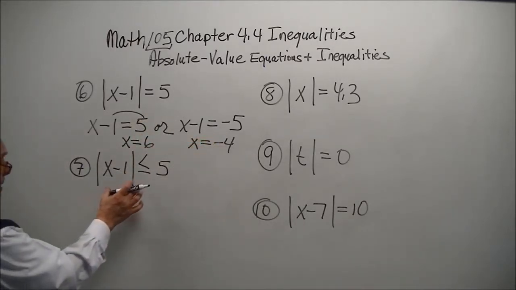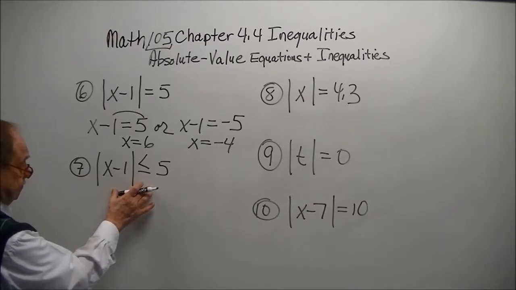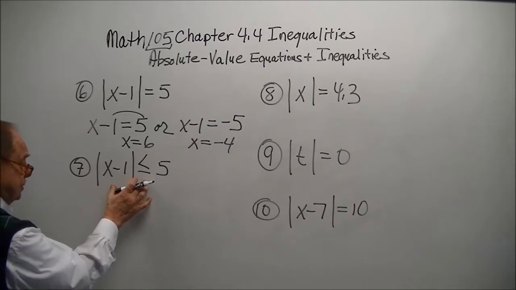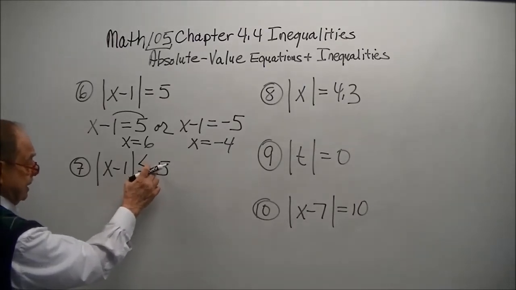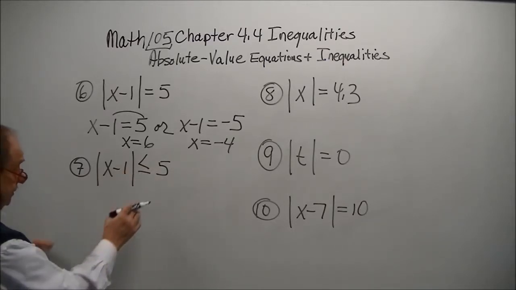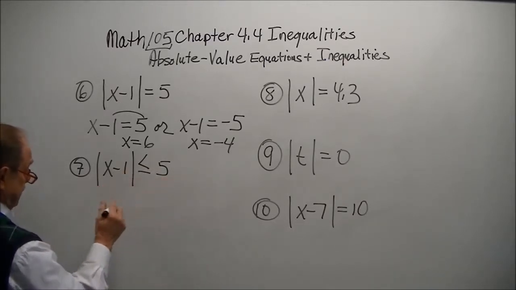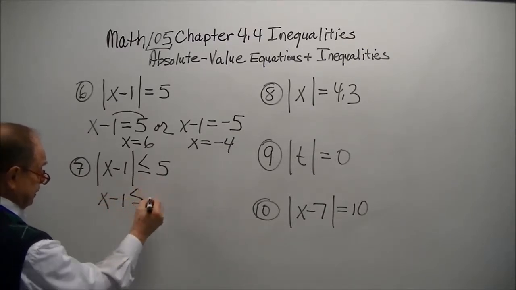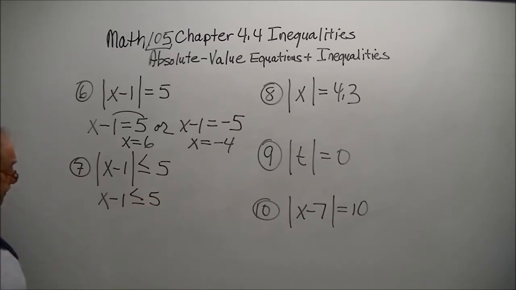Now, for this one, you have to be a little careful, because as you do it, and you change and make this a negative, you have to reverse this inequality sign. So the first way you can write it straight. X minus 1 is less than or equal to 5.